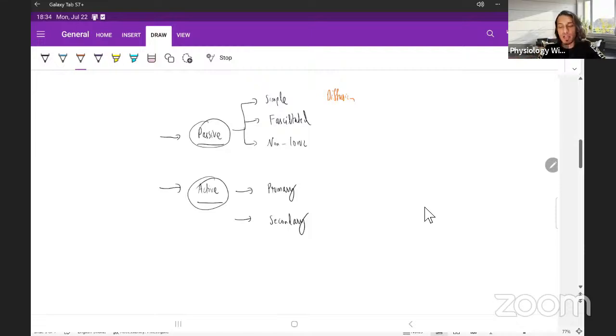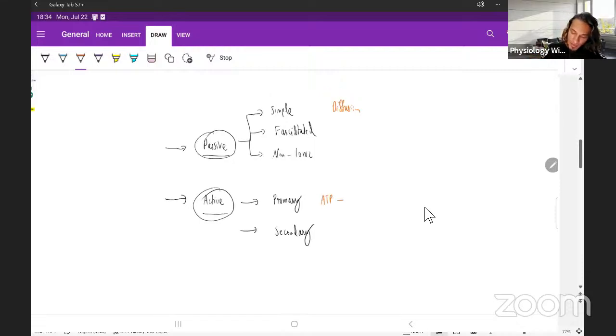For transporting something against a concentration gradient, when there is direct use of energy, usually ATP, it becomes a primary active transport. So we have one transporter which uses ATP directly and itself transports substances. That is what we call a primary active transport.